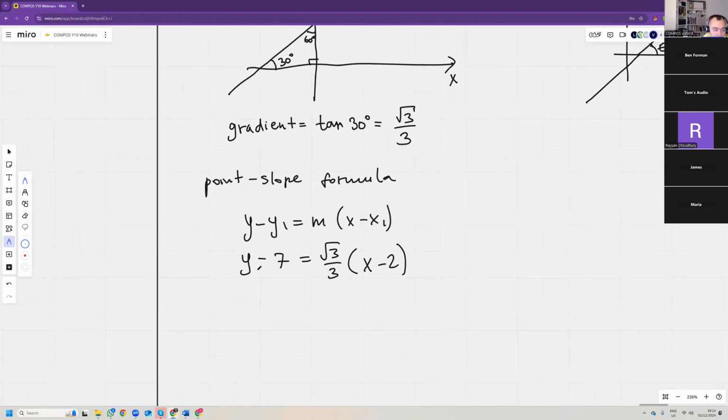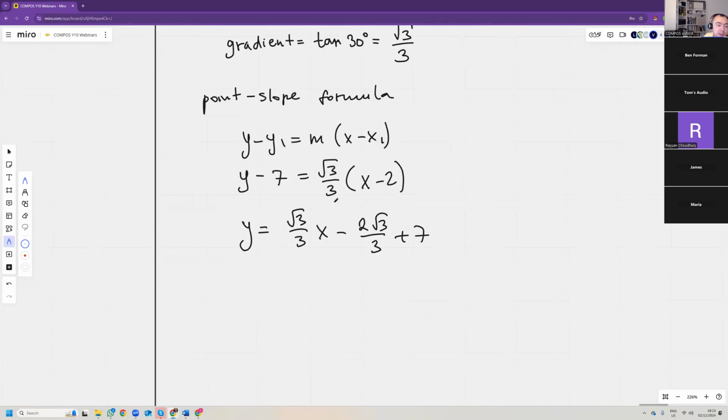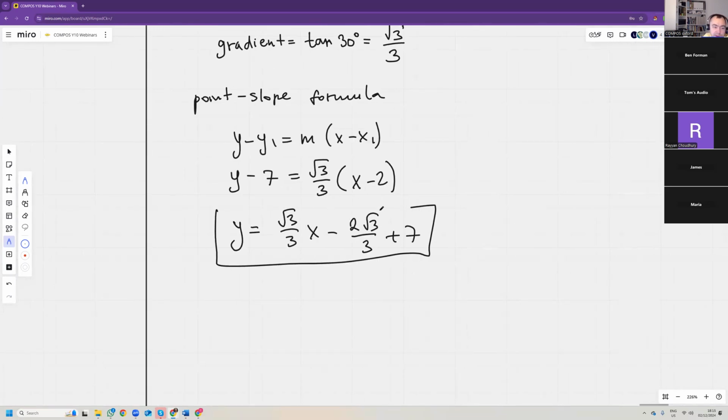And then you just open the brackets. So y equals root 3/3 x minus 2 root 3/3 plus 7. And that's the answer. You don't need to do anything else. You won't be able to simplify it any further. That's it.